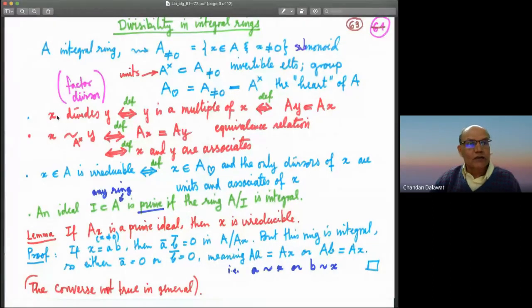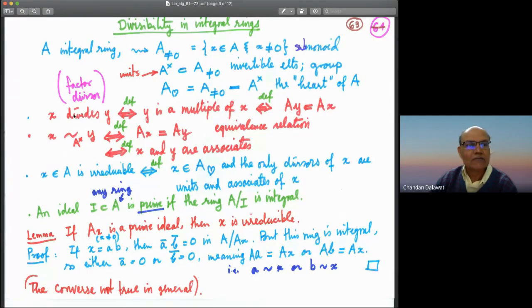Now, two elements x and y of the ring A, I say that x divides y, or x is a factor of y, or x is a divisor of y, or y is a multiple of x, if the ideal Ay is contained in the ideal Ax. If x divides y, we are used to thinking of x as being in some sense smaller than y, but the ideal Ax is actually bigger than the ideal Ay.